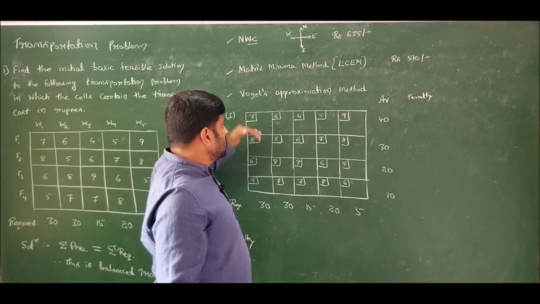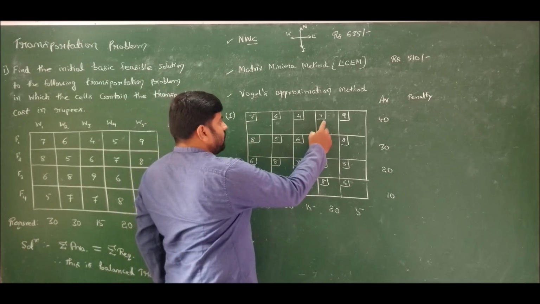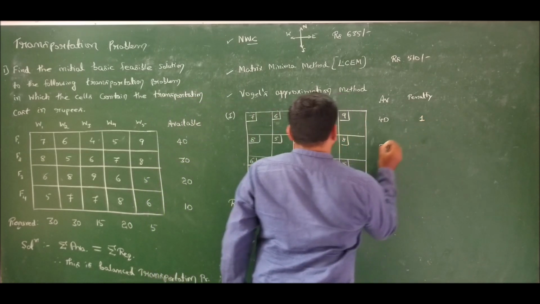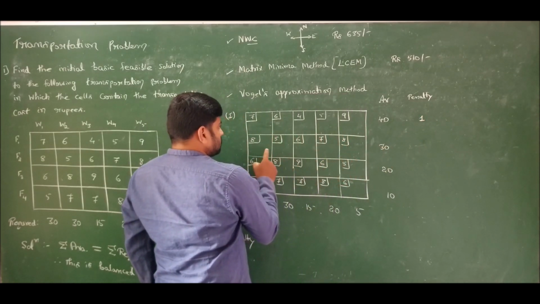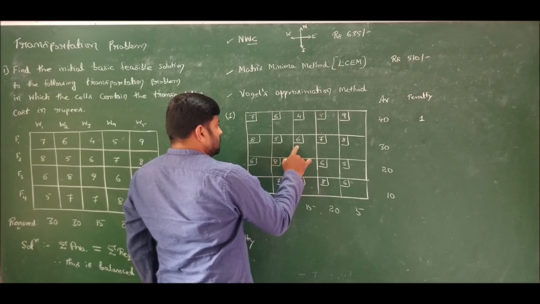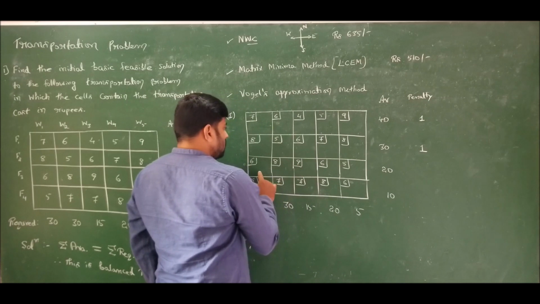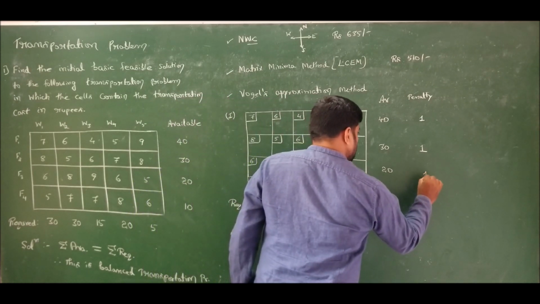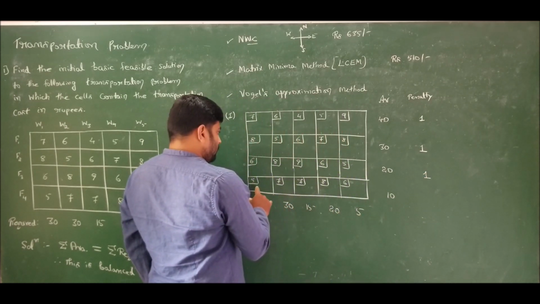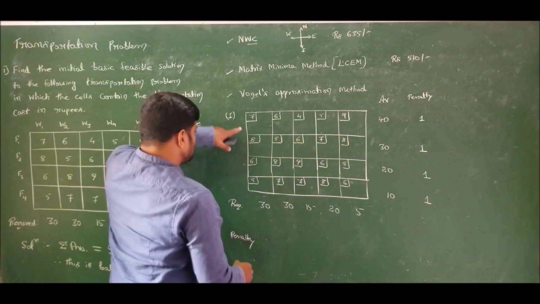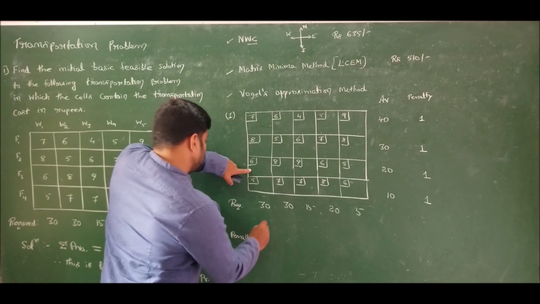In the first row, the second least cost is 5, first least cost is 4, 5 minus 4 is 1. Here second is 6, first is 5, 6 minus 5 is again 1. Here also the penalty is 1. Here we have 5 and 6, penalty is 1. Coming over this column, 5 and 6, penalty is 1.